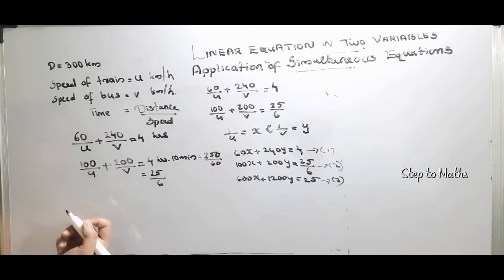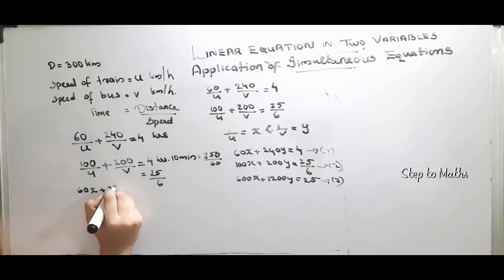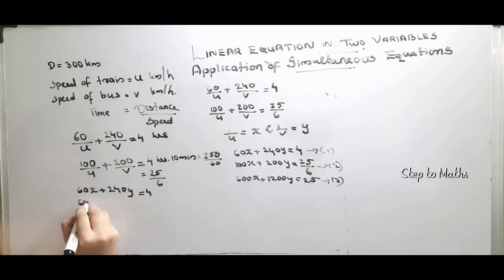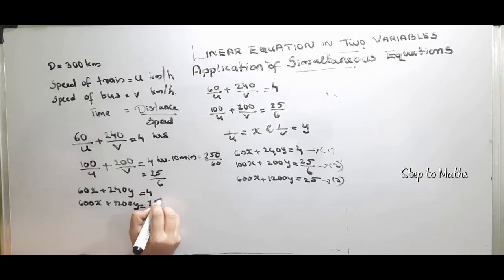Now we get two equations, equation 1 and 3, in linear form. Then how can we solve? 60x plus 240y equal to 4, and 600x plus 1200y equal to 25.